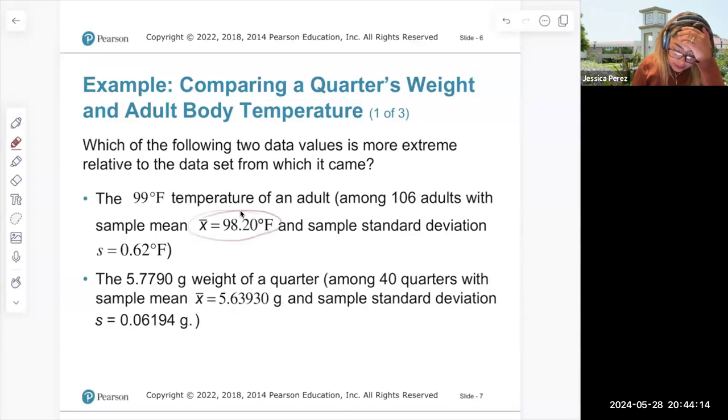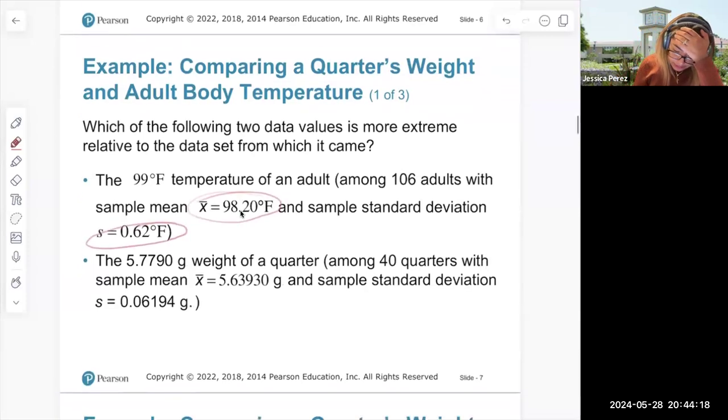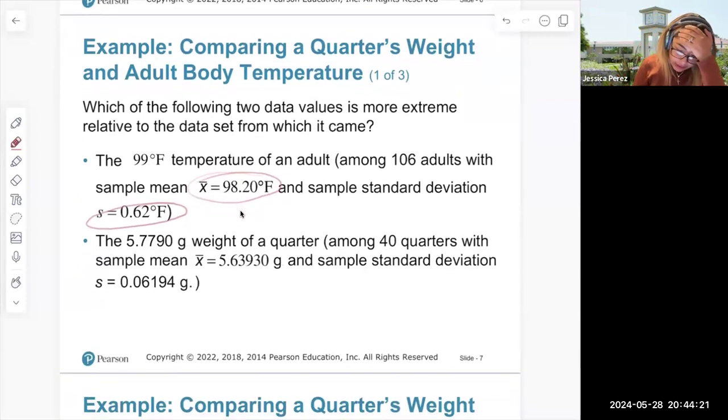They're already telling us what the sample mean and the standard deviation are. And then we have the 5.7 gram weight of a quarter among 40 quarters with the sample mean x bar grams. So we're looking at temperature and we're looking at grams.